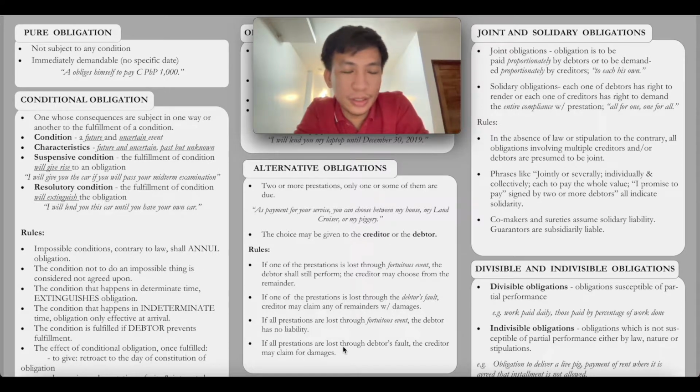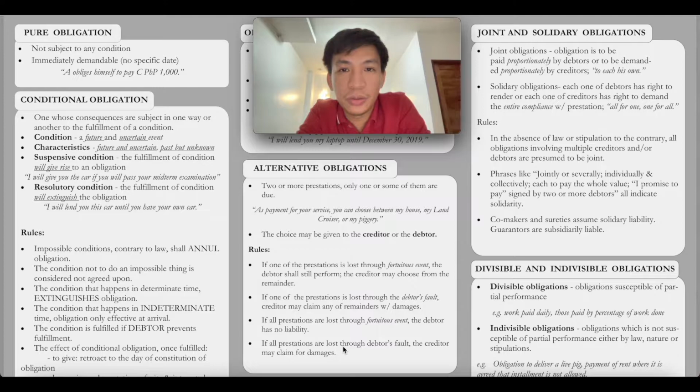Next, the effect of conditional obligation once fulfilled in the case of obligation to give is it will retroact to the day of the constitution of the obligation. Kumbaga, once the condition happens, in an obligation to give, it shall retroact from the day of the constitution of the obligation.